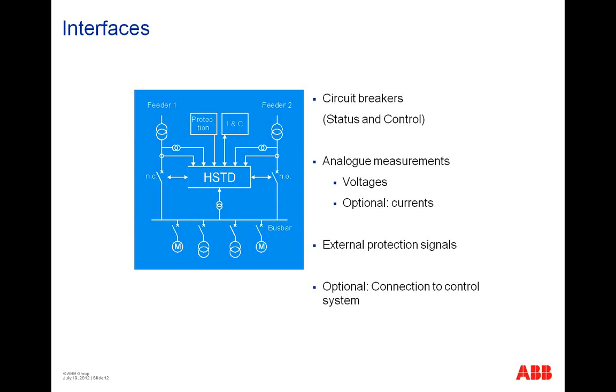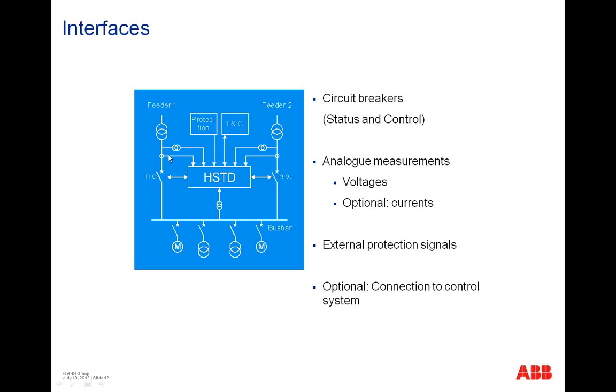Once more, there are some interfaces that you need. We need the interfaces to the circuit breakers. For sure, status and control, so that we see it's in operation, in service or something else, and can control it. HSTD devices also control the circuit breaker directly without any auxiliary relays in between.